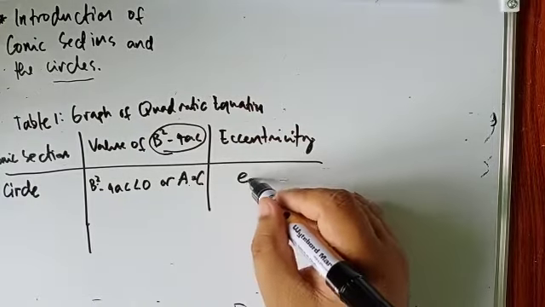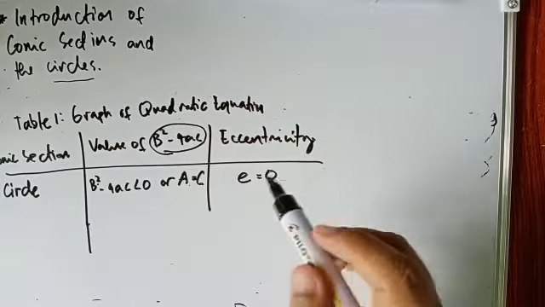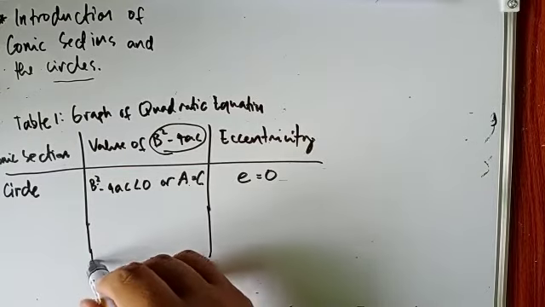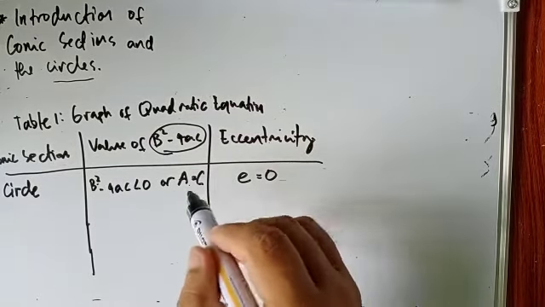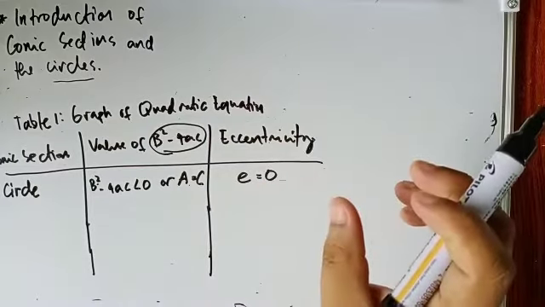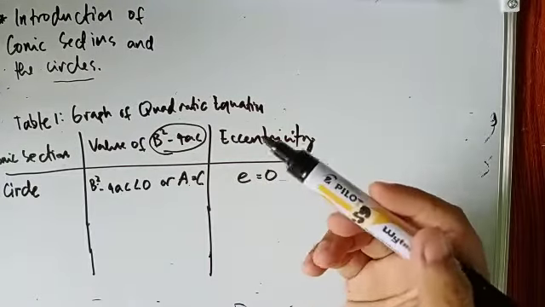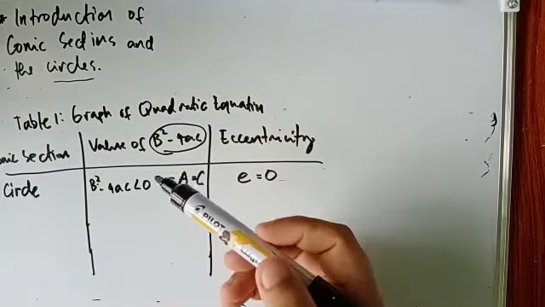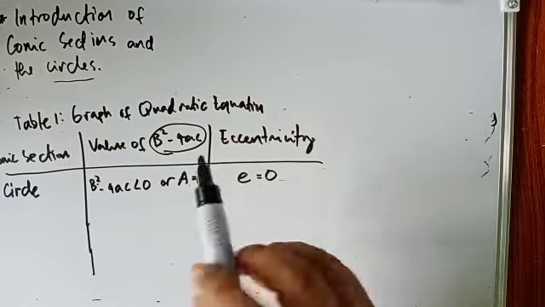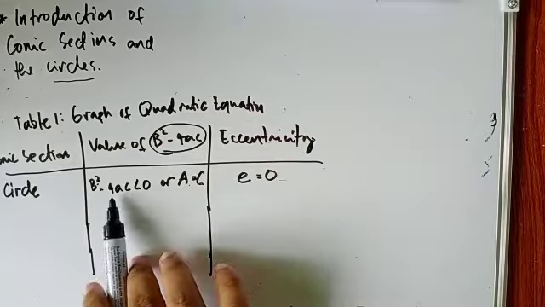Tapos, yung eccentricity natin dito must be 0. So, later on, explain ko kung ano yung magiging application natin dito. So, given equation, paano natin malalaman kung yung equation na yun, circle ba siya, parabola ba siya, ellipse ba siya, or hyperbola. So, ito yung gagamitin natin.